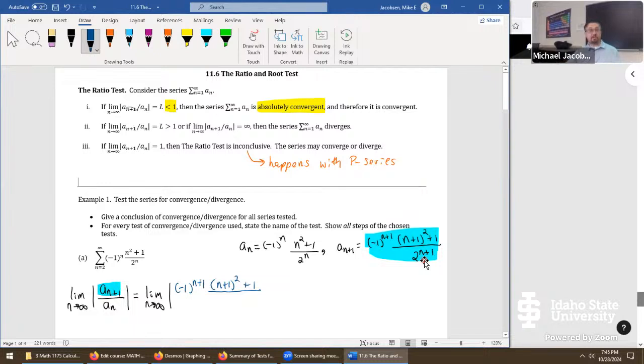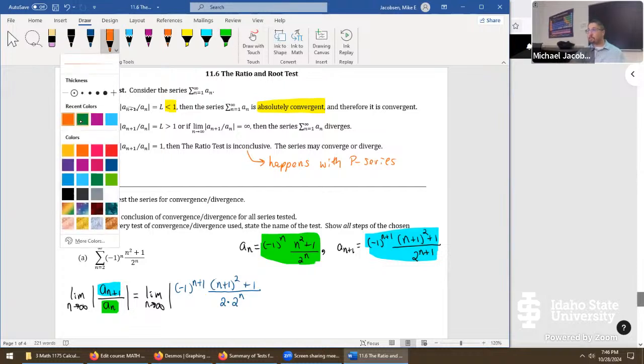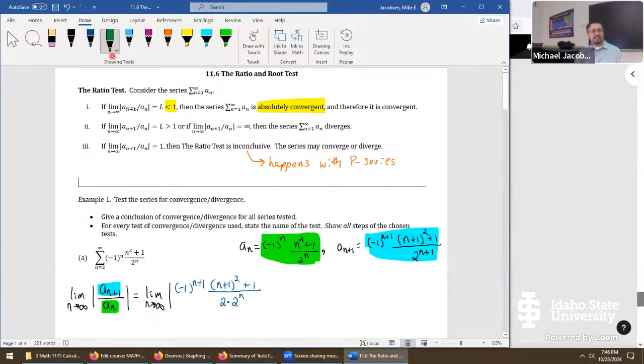It's not a bad idea to do a little simplification. 2 to the power of n plus 1 is the same as 2 times 2 to the power of n. So that helps out down the line. We're divided by a_n. That just means we're multiplying by the reciprocal of a_n, kind of how we would in, say, the limit comparison test. So this saves a lot of time, because you can imagine how long your notes would get and how tired your hand would be if we went like this and put stuff down below there.